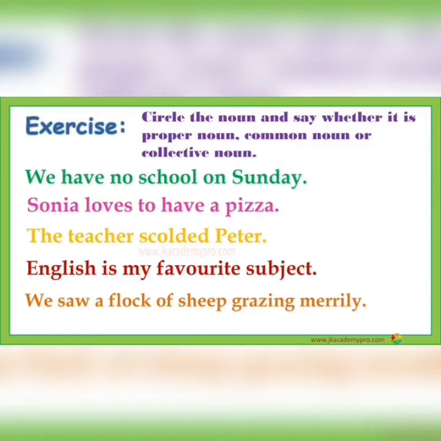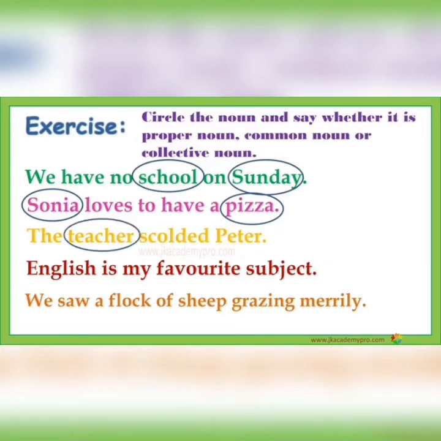What do you have? Let's come back to the sentences. Now in the first sentence, school is a common noun, whereas Sunday is a proper noun. In the second sentence, Sonia is a proper noun, whereas pizza is a common noun. In the third sentence, teacher is a common noun, whereas Peter is a proper noun.